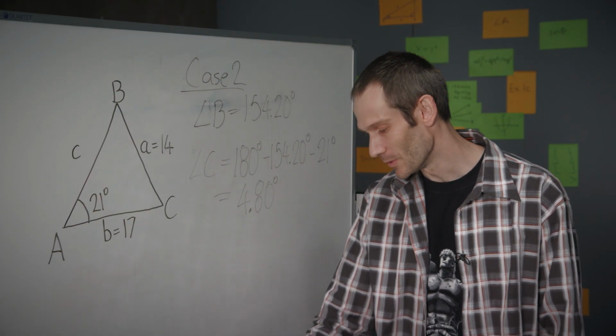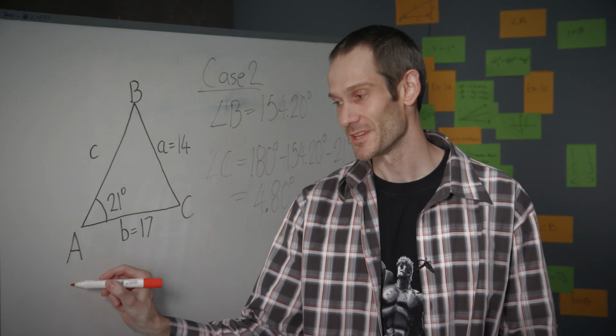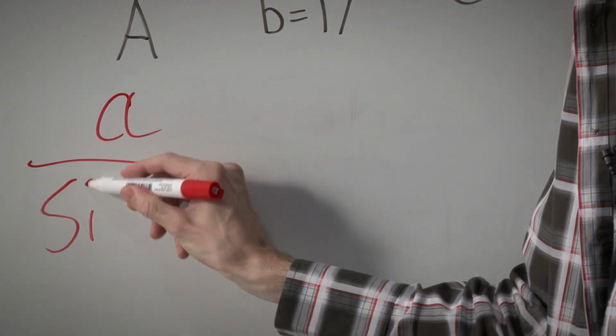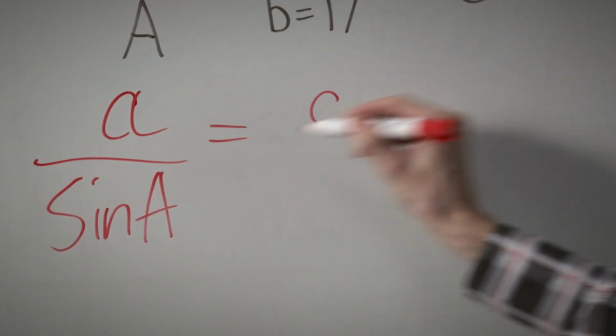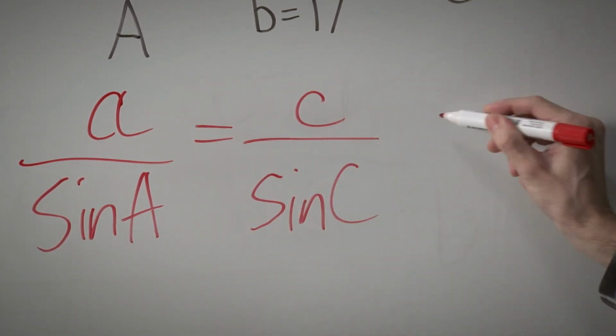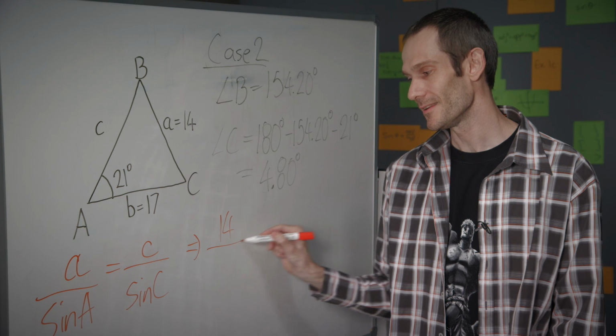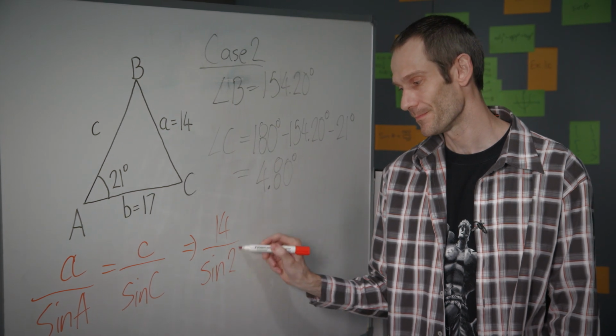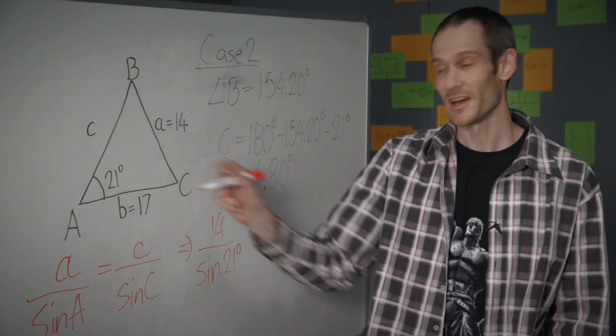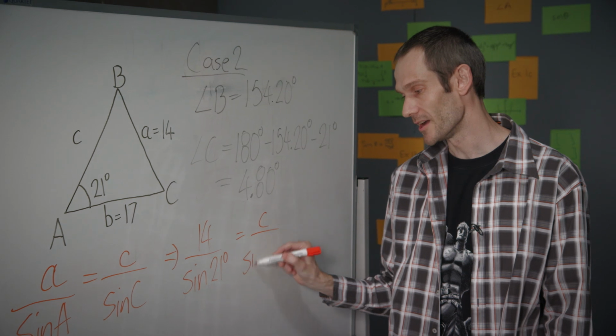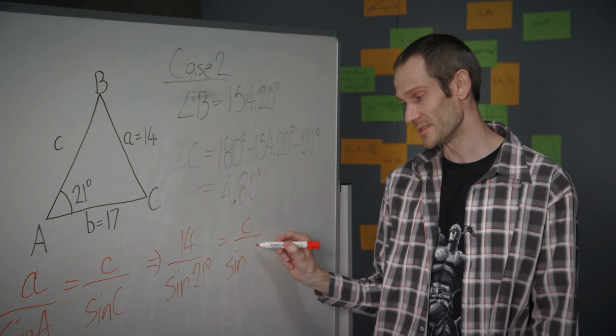So we'll apply the sine rule once more. The sine rule tells us a divided by sine A must equal c divided by sine C. Putting in our given information, side length 14 divided by the sine of its opposite angle must equal the side length c divided by the sine of its opposite angle, which we just worked out.